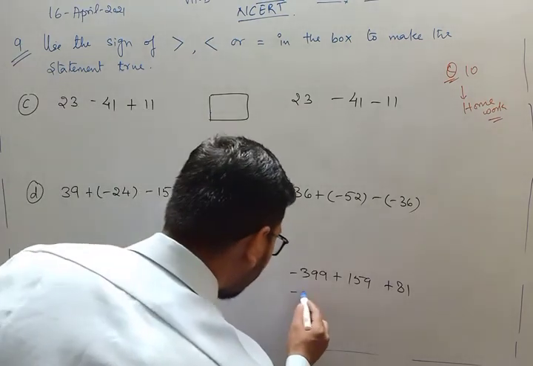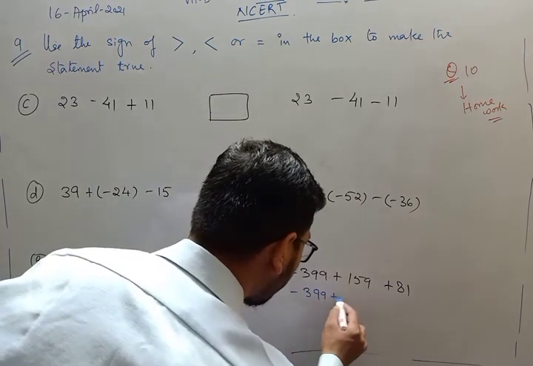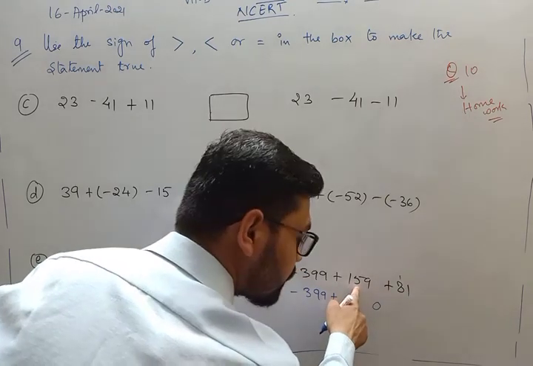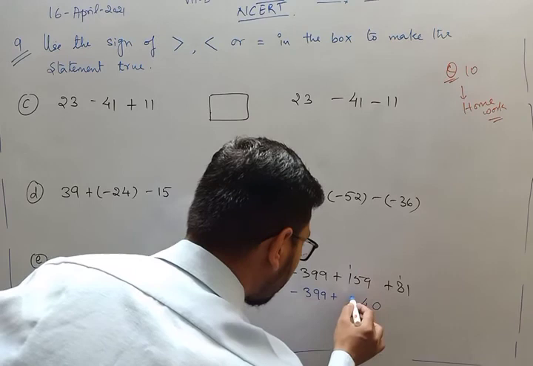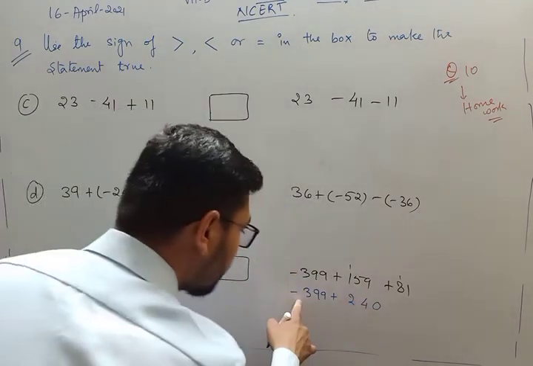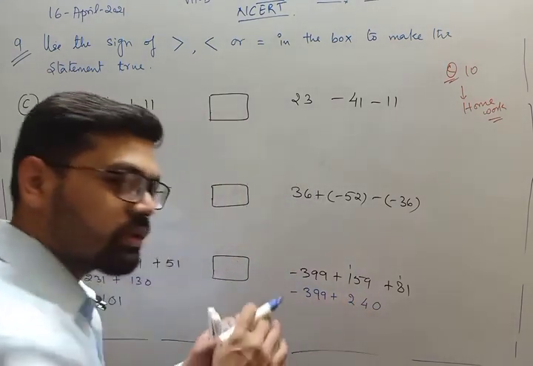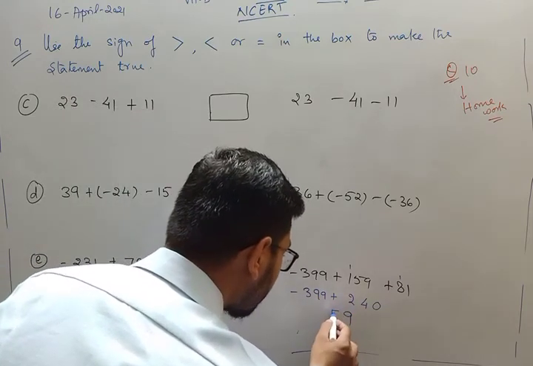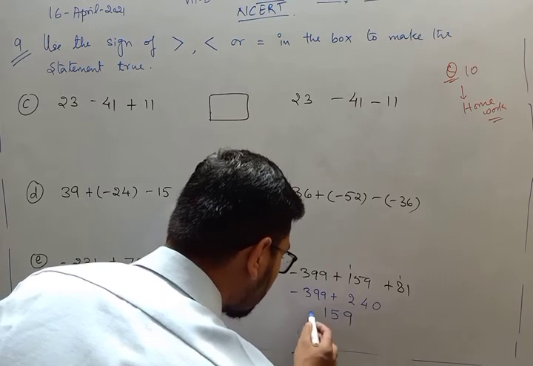Now minus 399 plus 9 plus 1, 10, 8 plus 5, 13 and 1, 14 and 240, right? One is negative, one is positive, so overall subtraction will be there. So 9 minus 0 is 9, 9 minus 4 is 5, 3 minus 2 is 1, so minus 159.